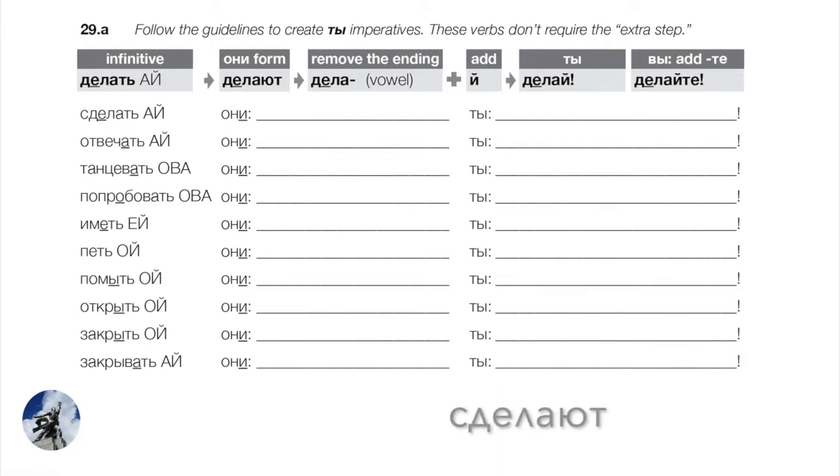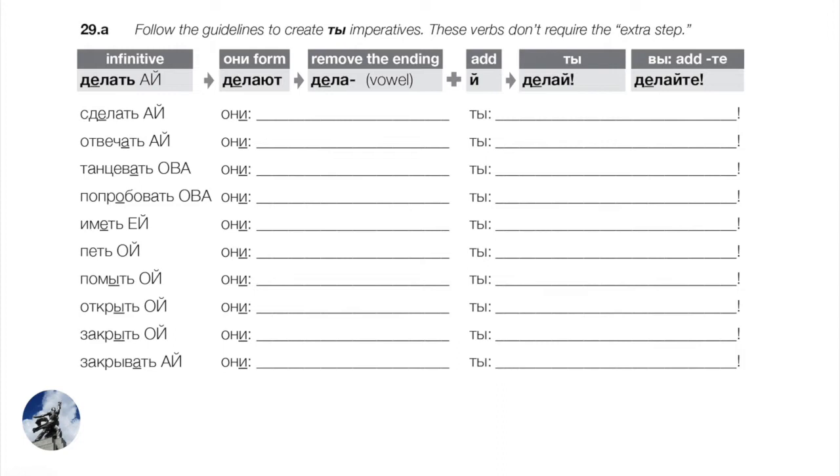Okay, они сделают. By the way, that's the perfective verb. It's the perfective of делать, but by the way, just as we saw with conjugation, the aspect of a given verb isn't going to affect how we're forming the imperative, right? It doesn't affect conjugation, doesn't affect these imperative forms either.